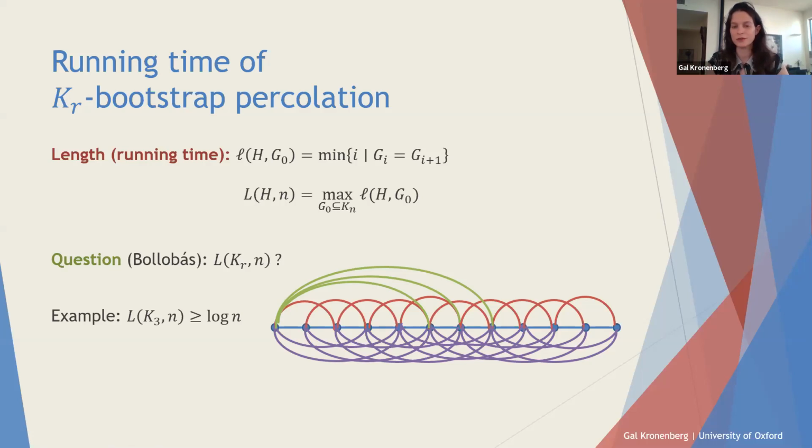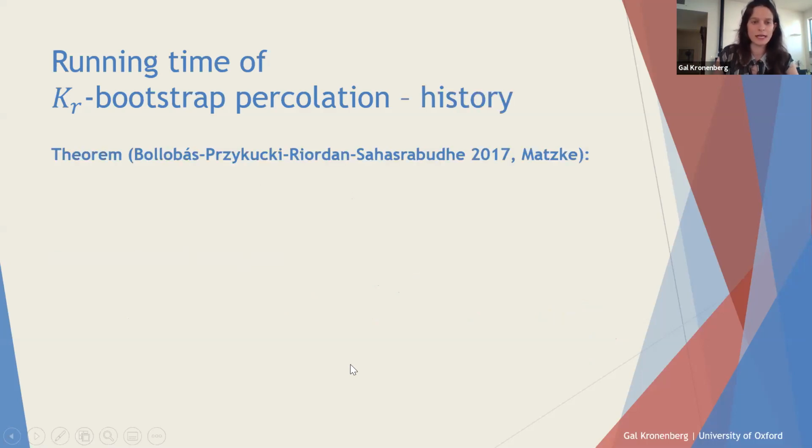And the question is whether it's possible, and apparently the answer is yes. So this question was studied by Bollobás, Przykucki, Riordan, and Sahasrabudhe, and independently by Matzkin, in an unpublished paper. They showed that yes, for K3, log of n-1 is the best possible answer.